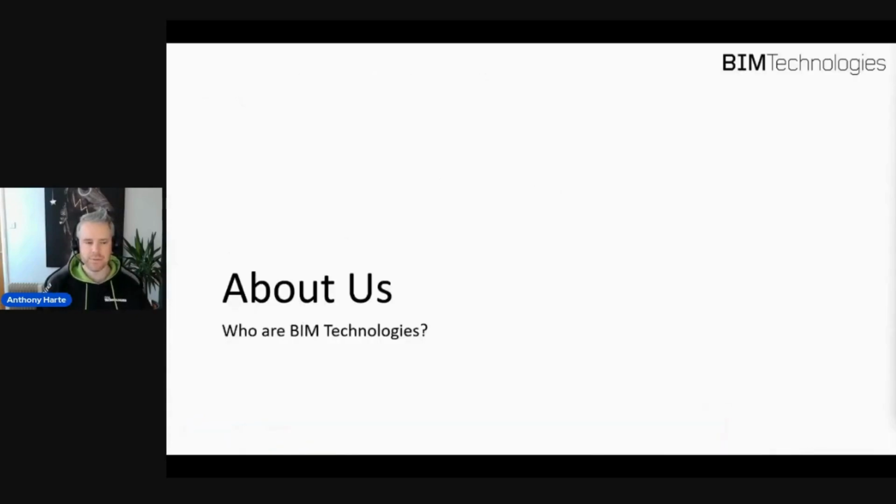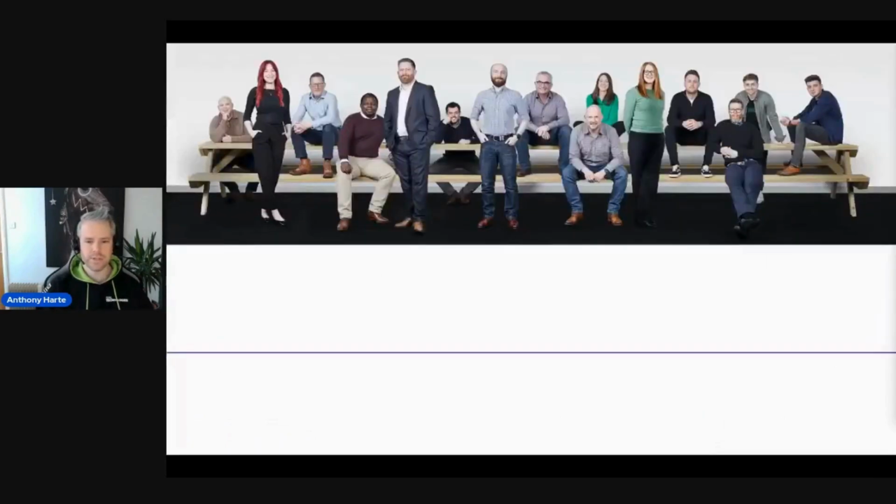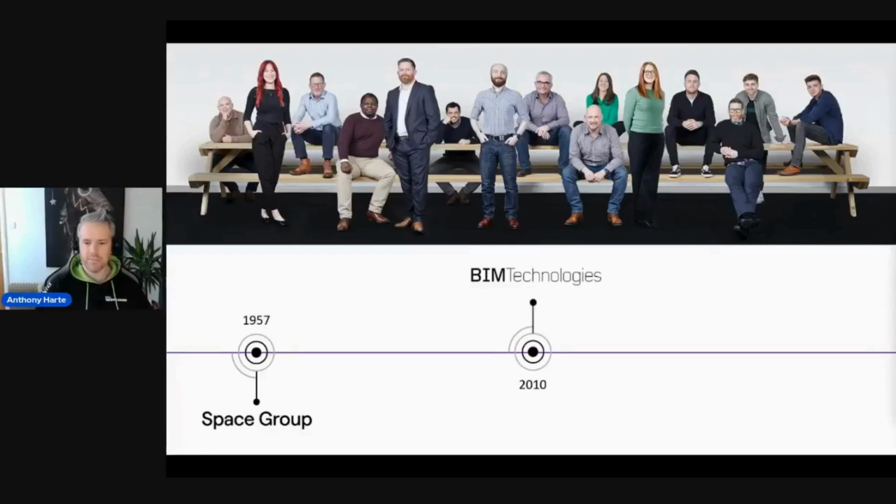A little bit about us, just duplicating a little bit what Tyrone has just suggested in terms of where we've come from. Established in 1957 as an architectural partnership. Around 2007 onwards, BIM really gained traction within the UK, and there was a need for BIM consultancies to help other architectural practices in the first instance to upskill and start to deploy BIM within their projects.